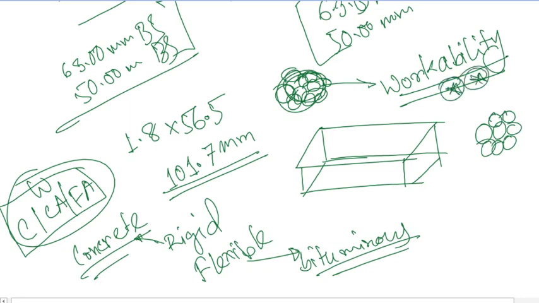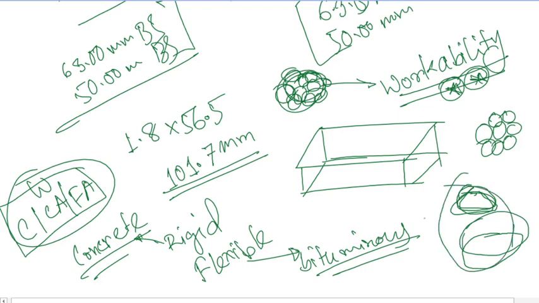But if the particles are flaky, flaky means very flake-like in shape, or if the particles are very elongated like this, whenever this type of particles is within the concrete mix, you will find it less workable.